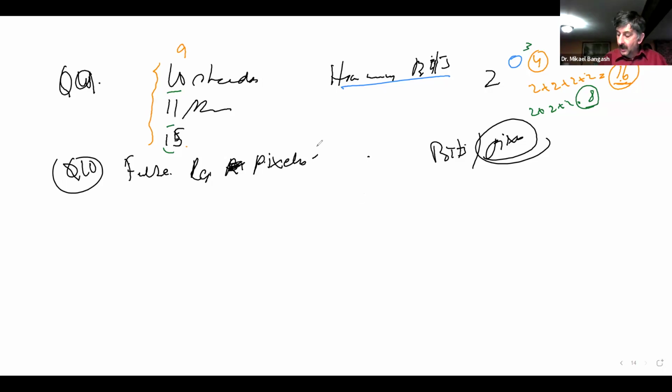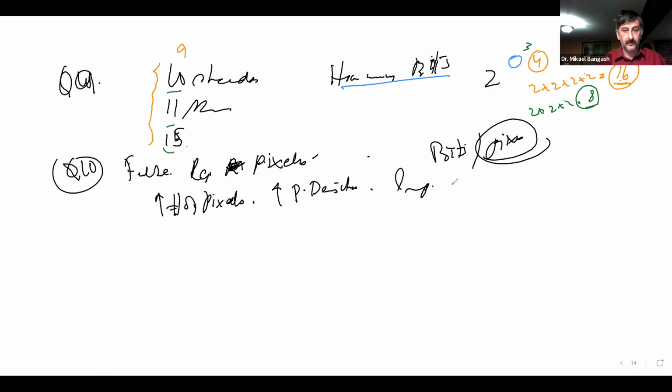Image quality is improved when the number of pixels is high. That's true, because what do we say? A greater number of pixels, what we mean, you can say, is increased pixel density. And what was that going to do?